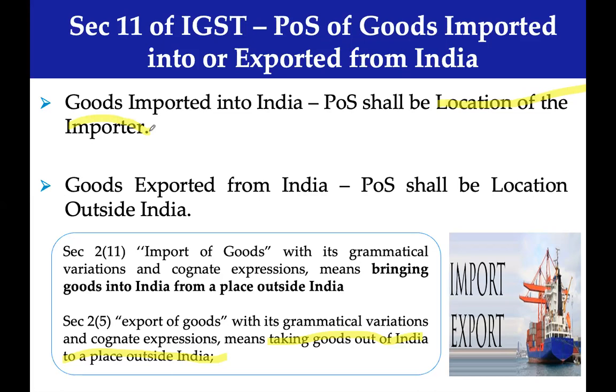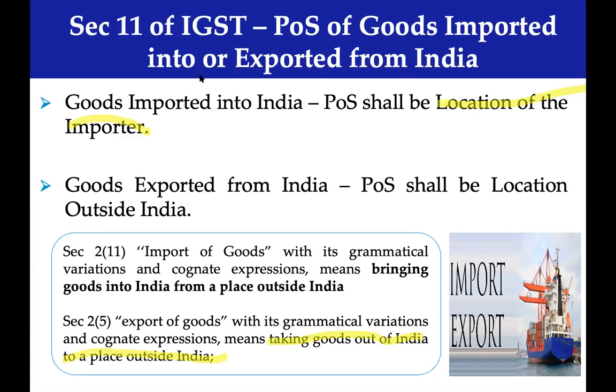Place of supply is the importer. Maybe little helpful for certain purposes, but I'll come back to you a while later. At that time, we will understand: really, are we bothered about these definitions or this section 11 itself? Is it really important or not? We might have a very different view.